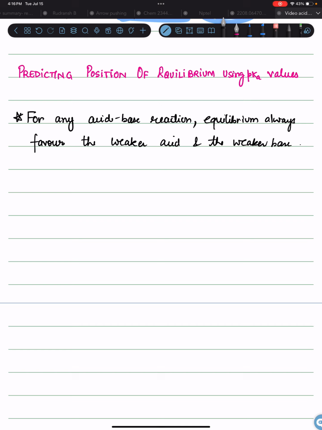Now, the important thing is that for any acid base reaction, equilibrium always favors the weaker acid or the weaker base. And this makes sense because we know that a strong acid is the one which completely dissociates. When it dissociates, it gives you a weaker conjugate base.